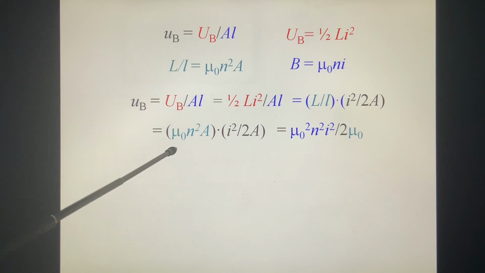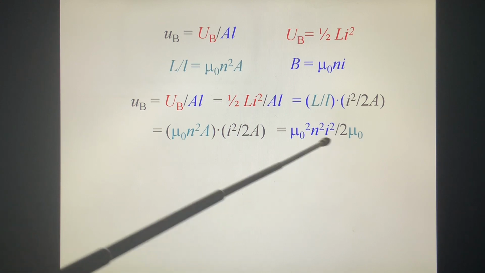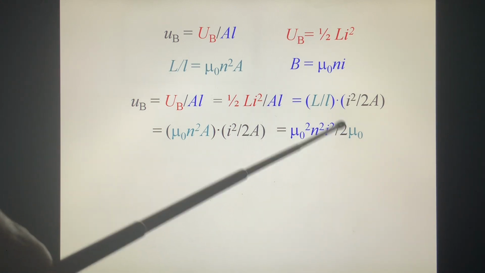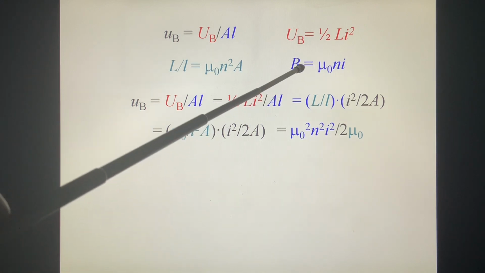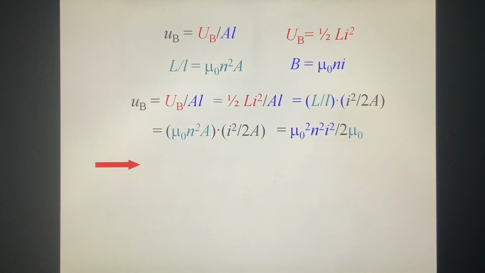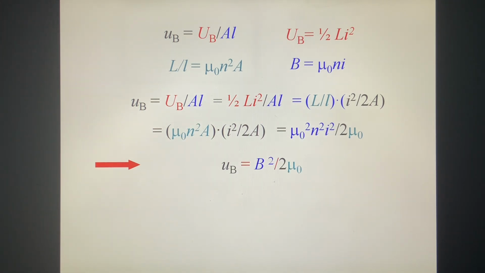Why mu 0 squared? Now we have another mu 0 here. We wanted this one. Now look at the B. Mu 0 n I is B. So this is B squared. So we get U_B, the magnetic energy density, equal to B squared over 2 mu 0. This is a formula you have to remember.